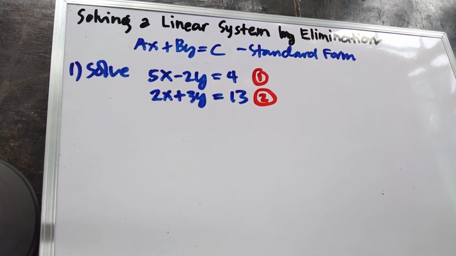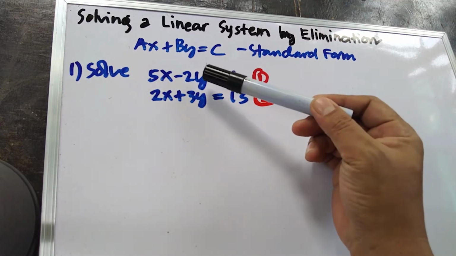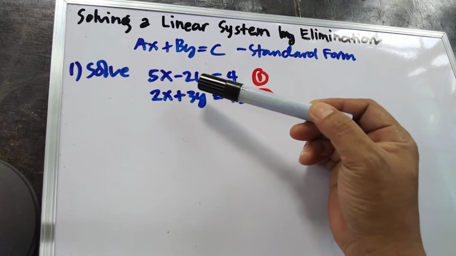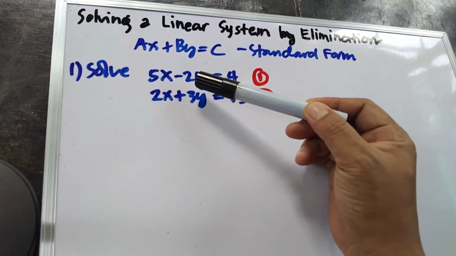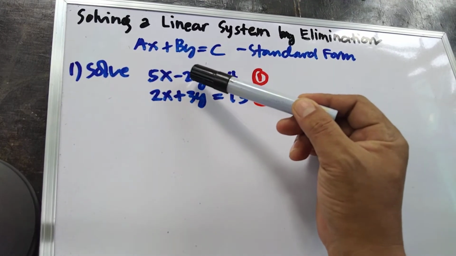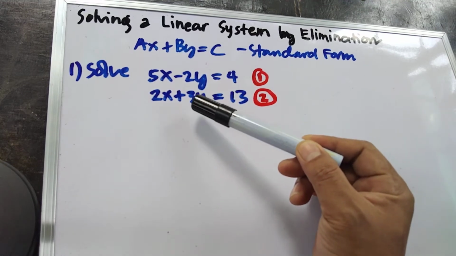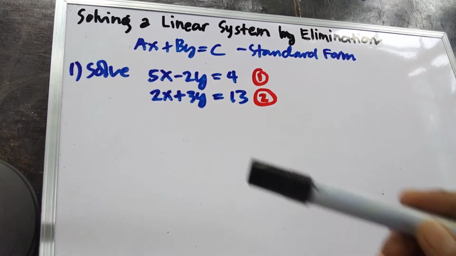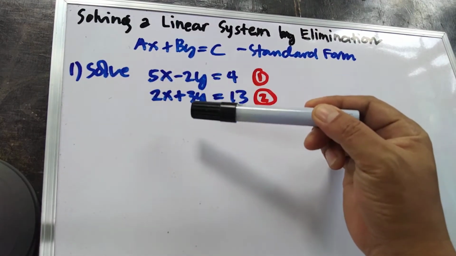Now, if you observe, the second term is for the variable y, and they have opposite signs. Equation 1 has negative 2, equation 2 has positive 3. So, in this particular example, it is very easy to eliminate y since they have opposite signs.